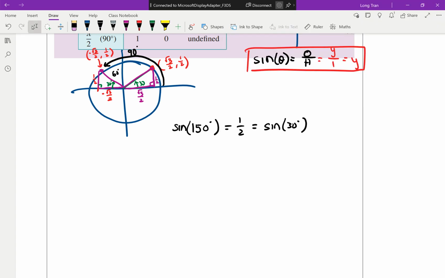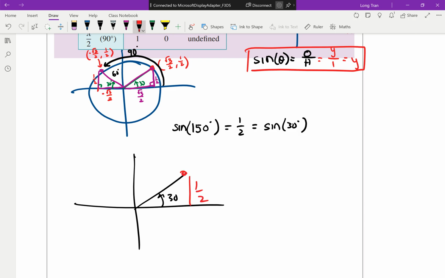Because it made sense in the diagram that from here to here, if that was 30 degrees, I already knew the height was half. If I did the other direction, 30 here, then the angle has to be up to this point. Since I already know this is 90, then I know this has to be 60. That's why I know together it's 150 degrees. Sine of 150 is asking for the height. That's why it's still half.